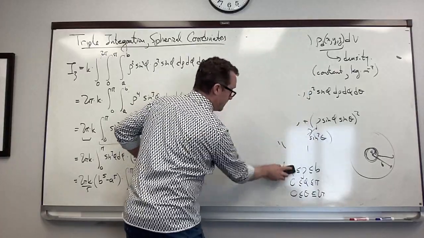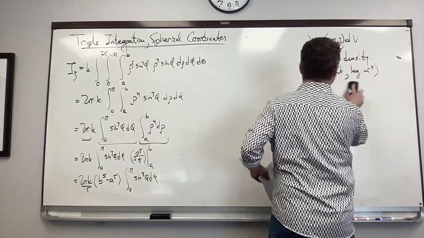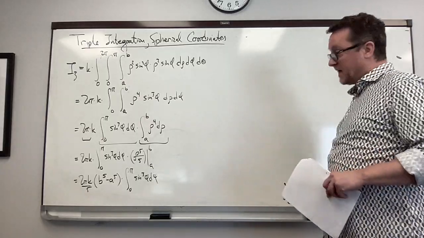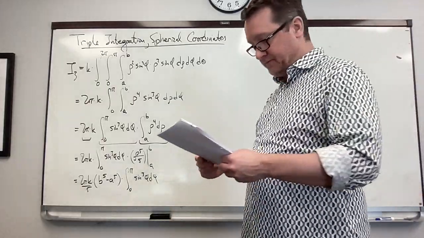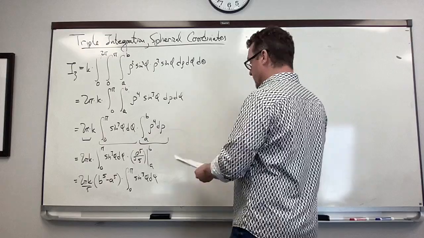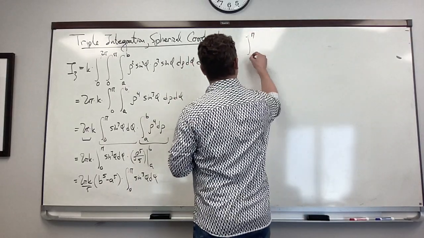There's a little trick we have to remember when we're integrating trig functions, sine or cosine, to odd powers. Let's just take that integral for a second, from 0 to pi.